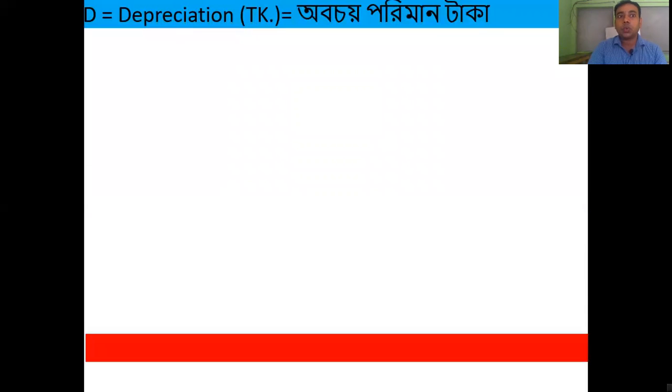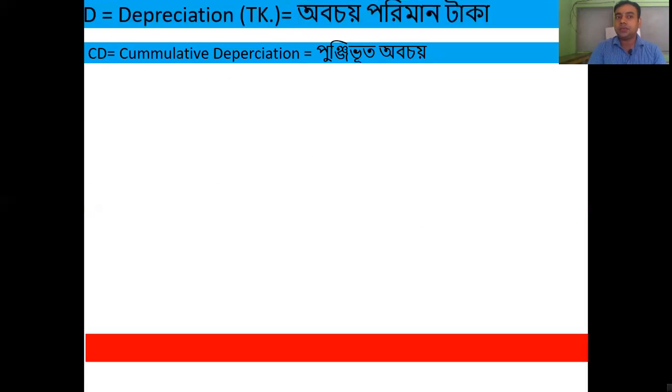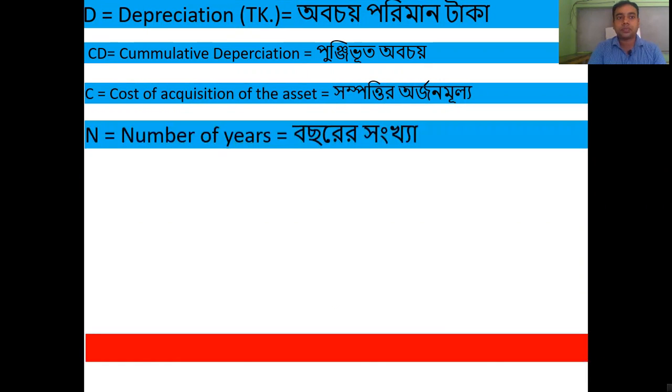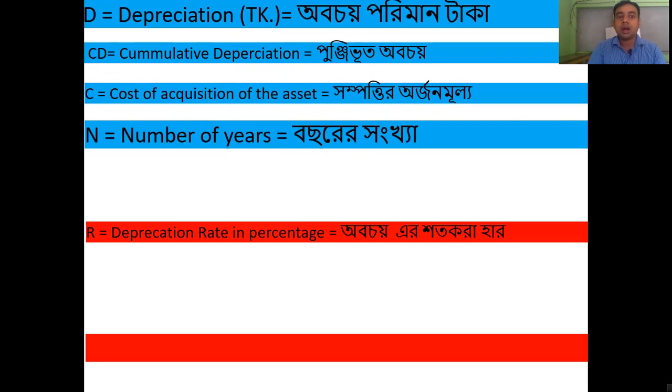So dear participants, before that, we have to know some short forms for calculating depreciation. D for depreciation. CD for cumulative depreciation. C for cost of acquisition of the asset. N for number of years. R for depreciation rate in percentage.